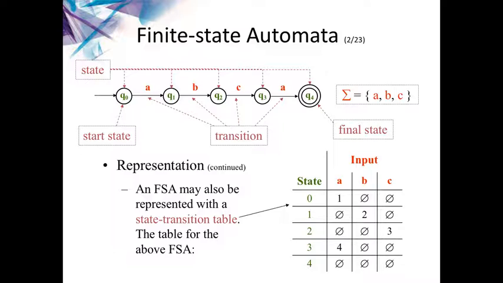Because D doesn't belong to the alphabet of this language. But the opposite is true. You can have symbols in the alphabet that do not show in the finite state automata. Why? Because the finite state automata could be representing a subset of the strings that belong to this language. It doesn't have to represent all the strings that can be generated by this language.